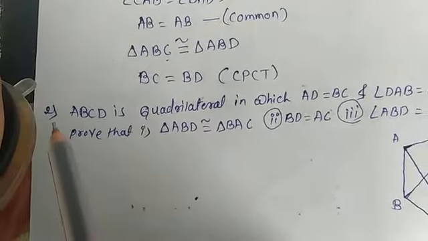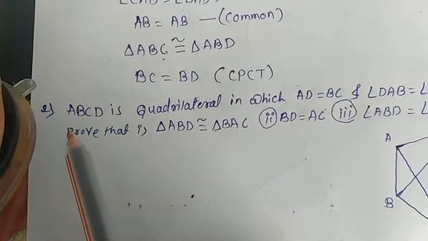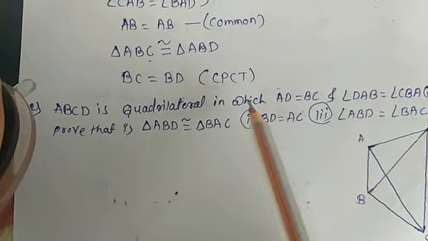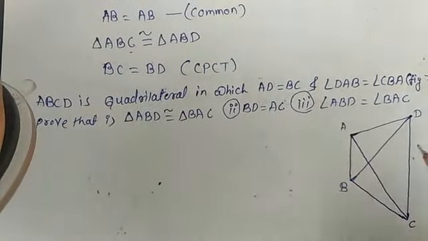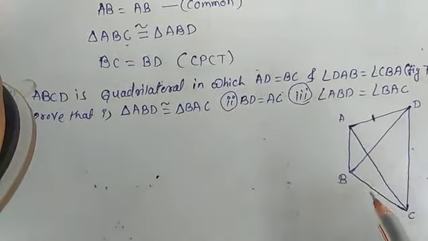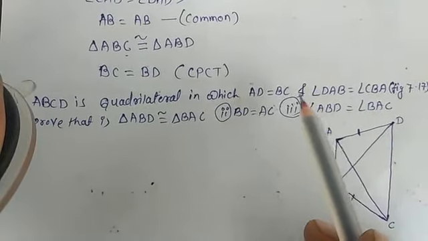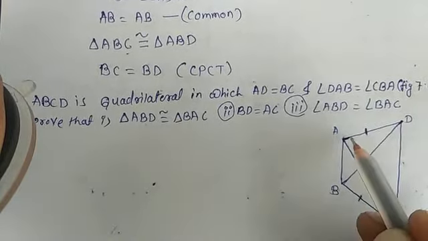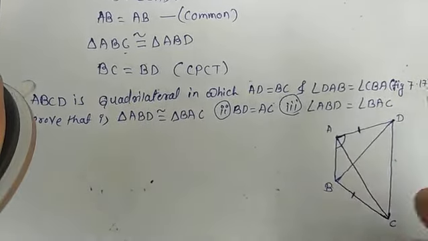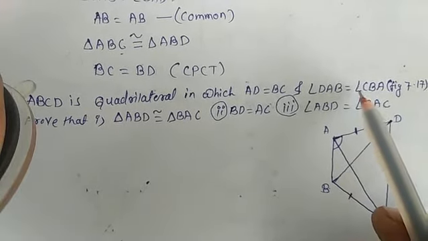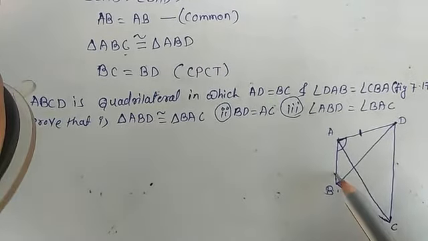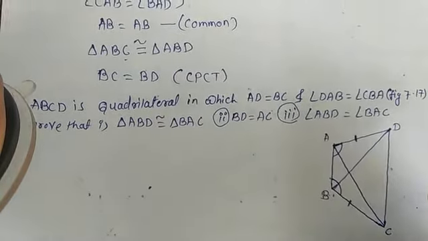Now see example number second in the same exercise. Here it is given that ABCD is a quadrilateral in which AD is equal to BC, that means this side AD is equal to BC, and angle DAB is equal to angle CBA. These two angles are equal.